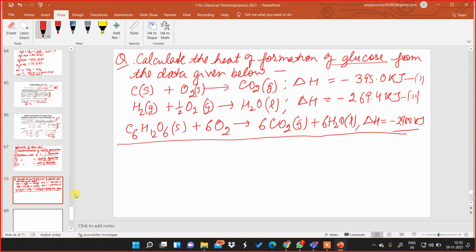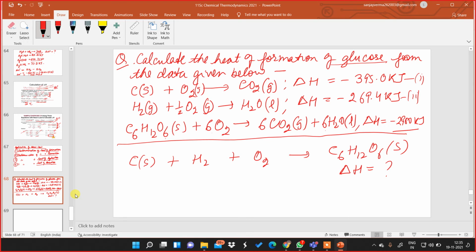So for the formation of glucose, we need elements like carbon combining with hydrogen, combining with oxygen, to give what? Glucose, C6H12O6 in the solid state. So we are supposed to find the enthalpy of this reaction.